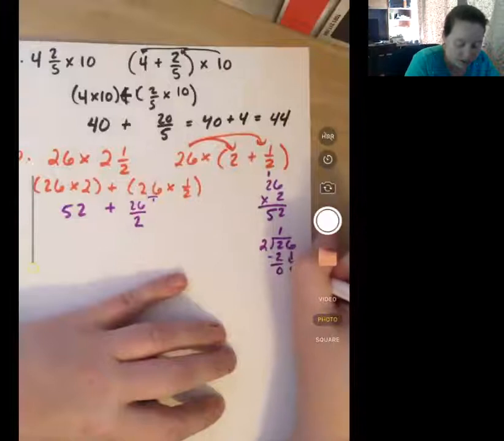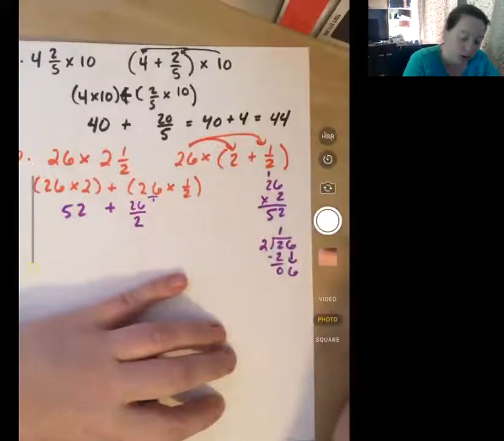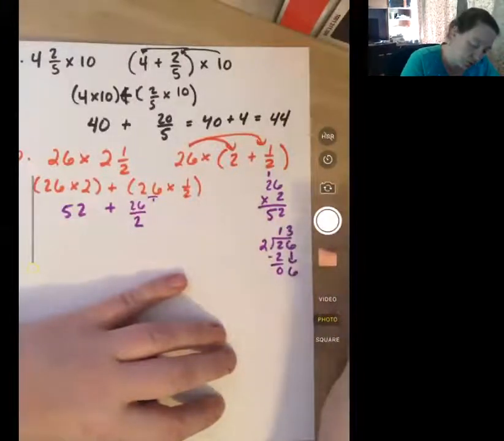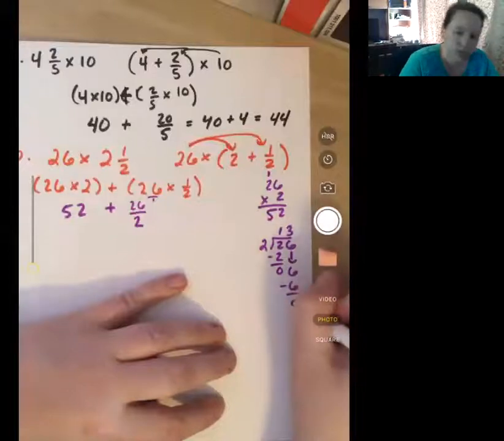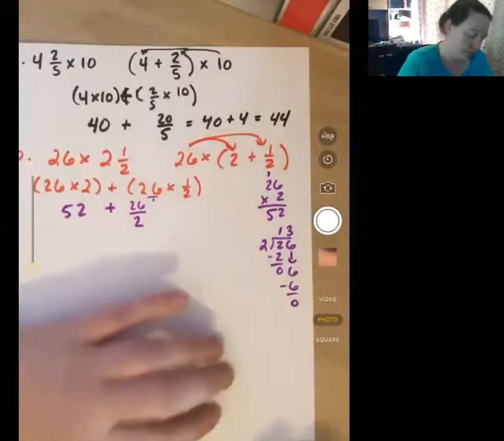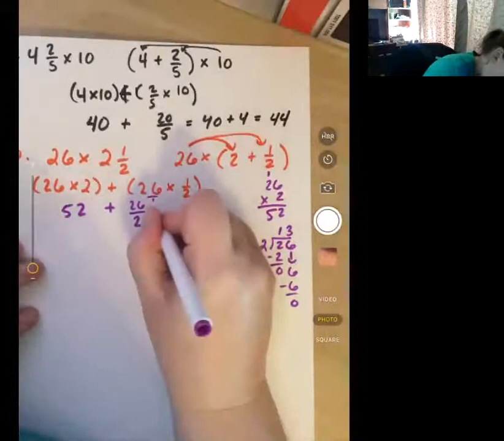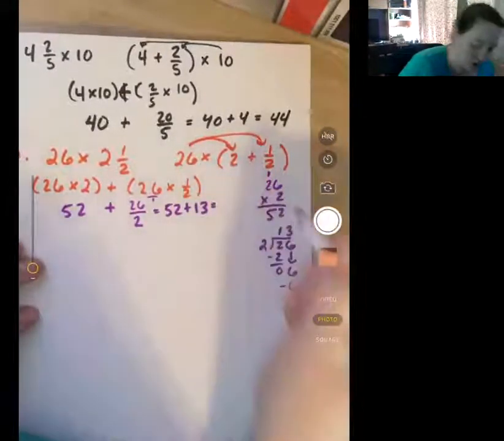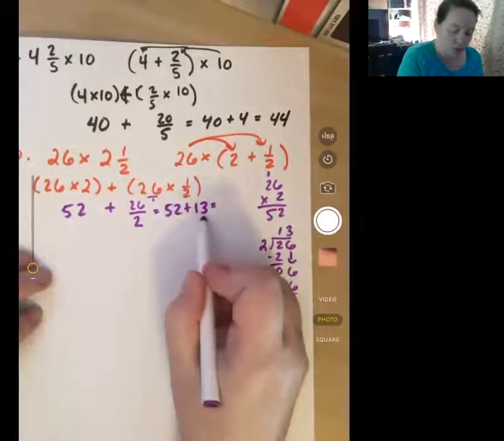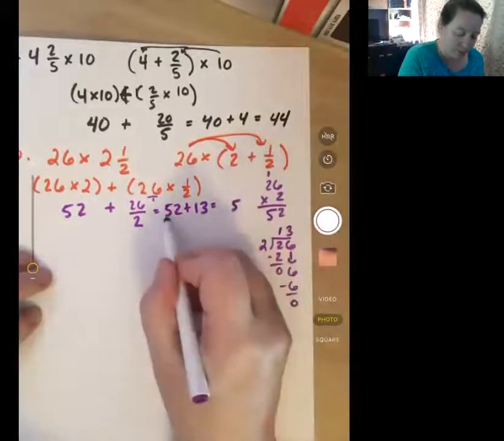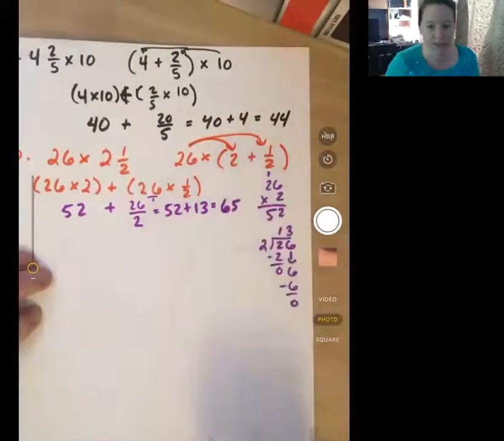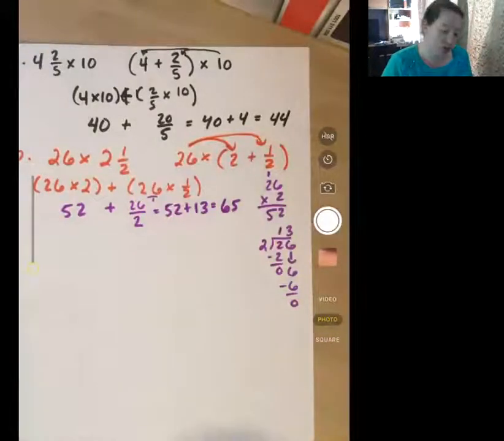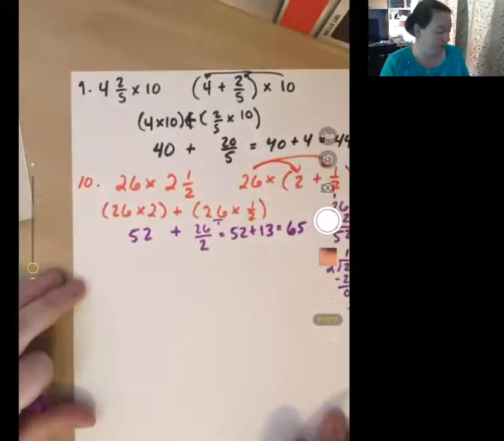Bring down the 6. 2 goes into 6 3 times, because 3 times 2 is 6, which brings it down to a 0 again. So it is actually equal to 52 plus 13, which is 3 plus 2 is 5, and 5 plus 1 is 6. So it is actually equal to 65.